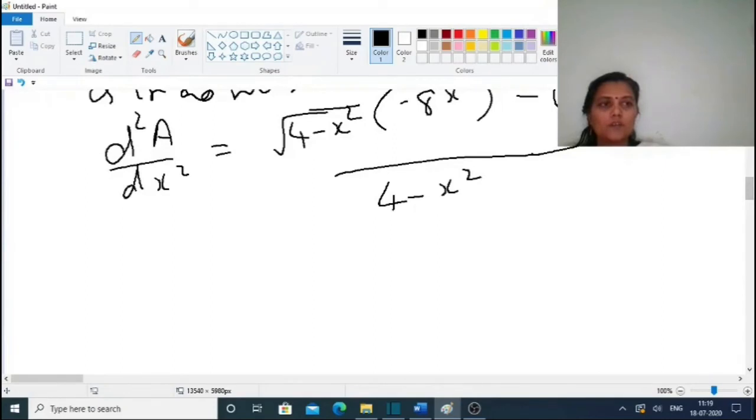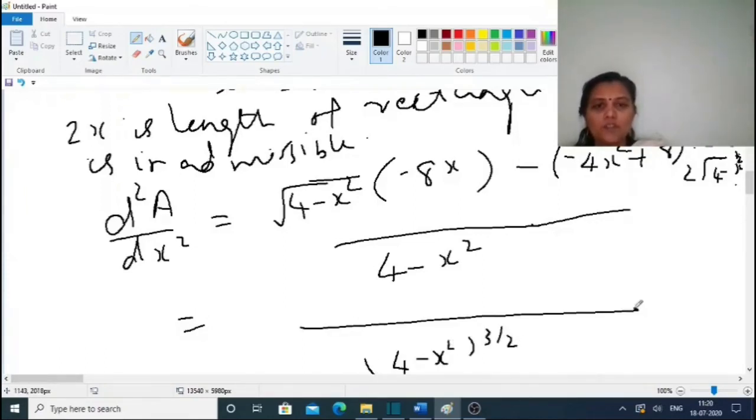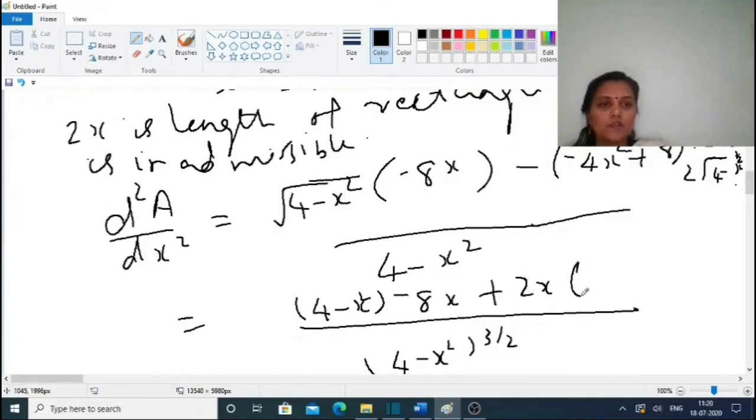Which is equal to, we can take out this 4 minus x square as LCM. So denominator becomes 4 minus x square raised to 3 by 2. So this term is 4 minus x square into minus 8x, plus 2x into minus 4x square plus 8.